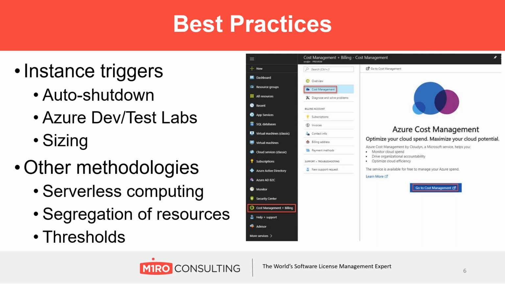Now, there are some other methodologies that might be considered as well, right? Serverless computing, which allows certain applications to run virtually and on demand, versus having an instance running for them all the time.